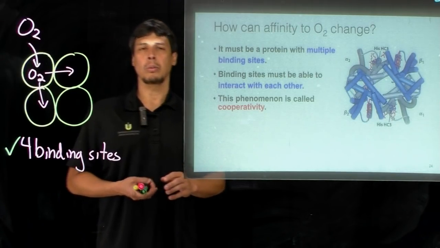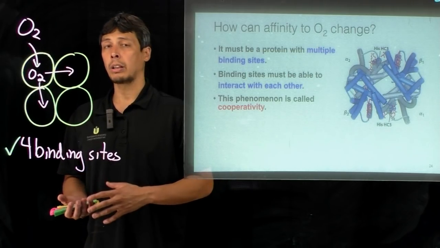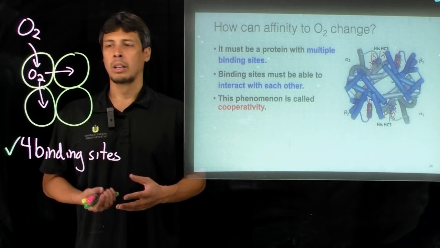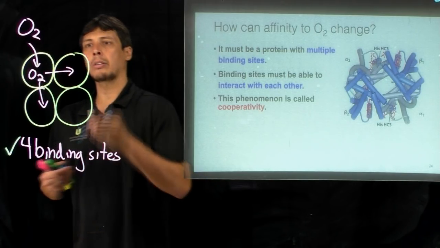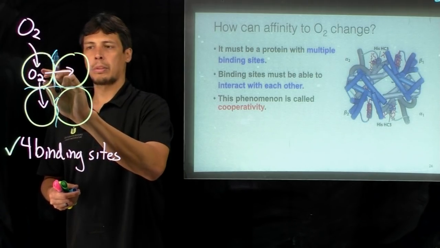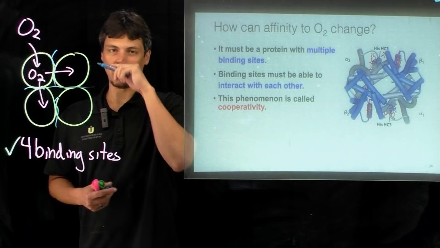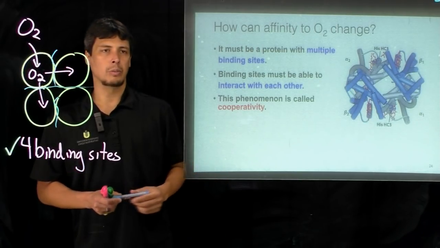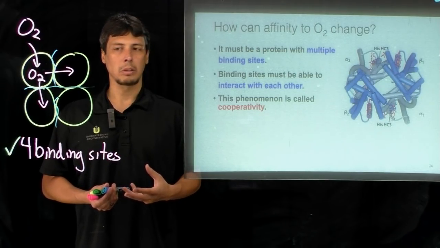So what that means is there need to be some sort of either covalent or non-covalent interaction that allows the subunits to talk to each other, generally at the subunit interfaces, from the ligand binding site through the subunit interface and to the other ligand binding sites. And so we'll discuss in a bit about how that actually happens in hemoglobin.